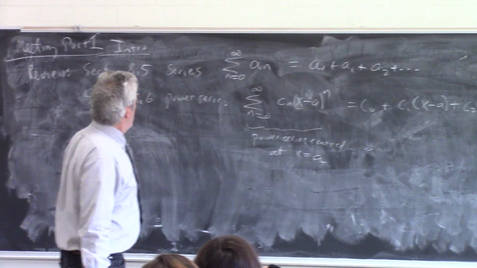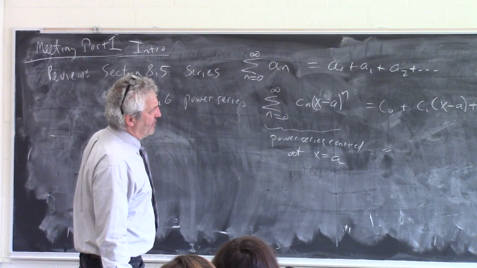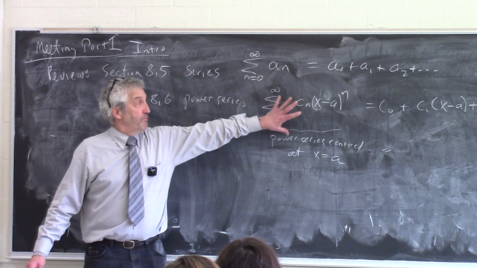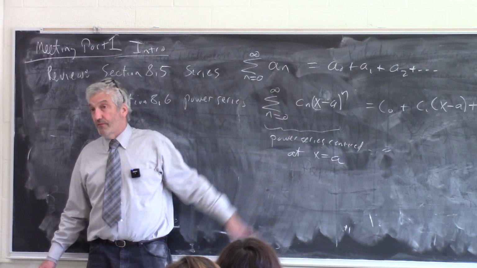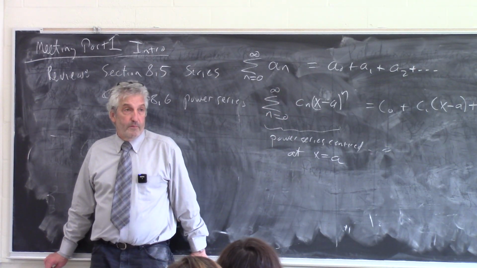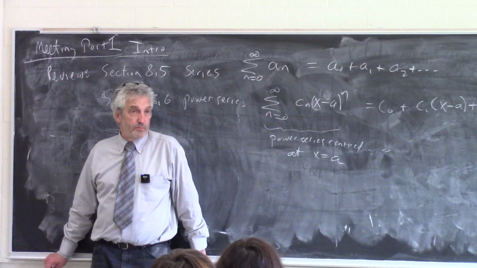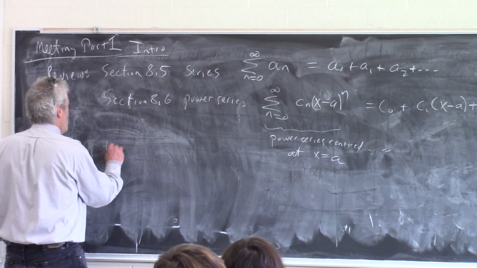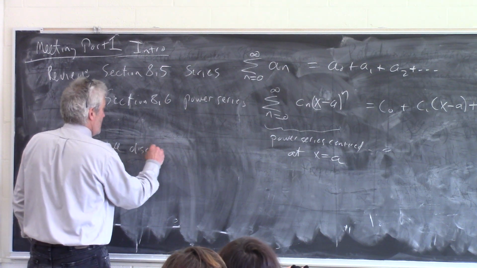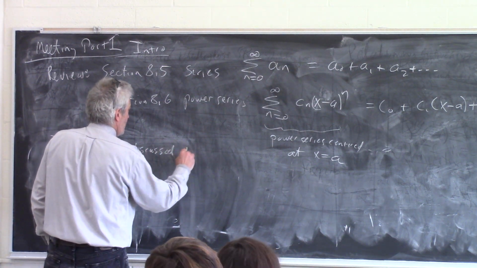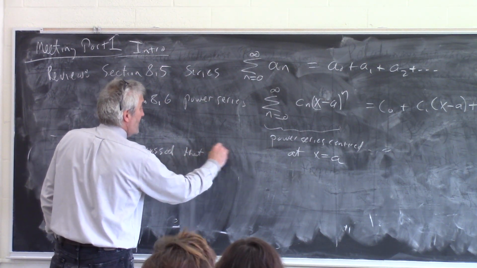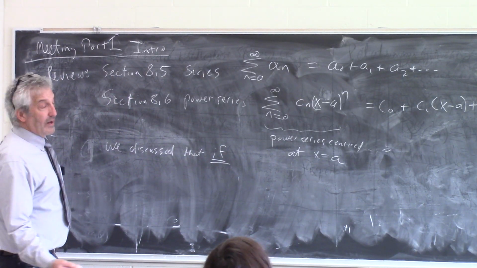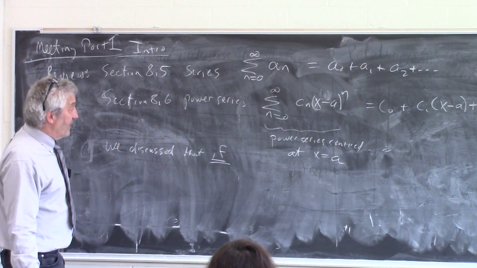And then in section 8.6, we discussed the idea that a power series that we build like this may or may not converge. So the limit of the partial sums may or may not exist. So we discussed that if, there's a big if there, if the power series converges, we can think of it as a function of x.